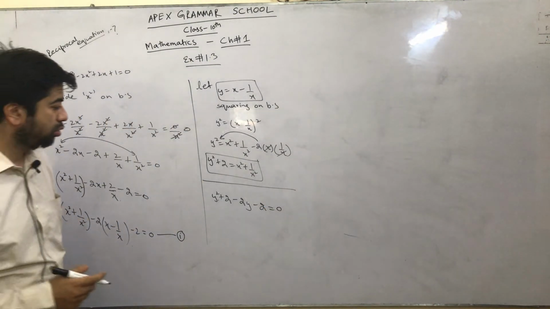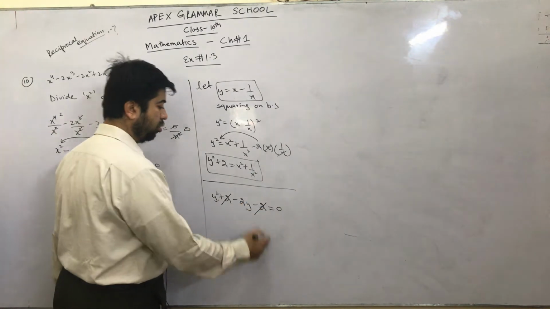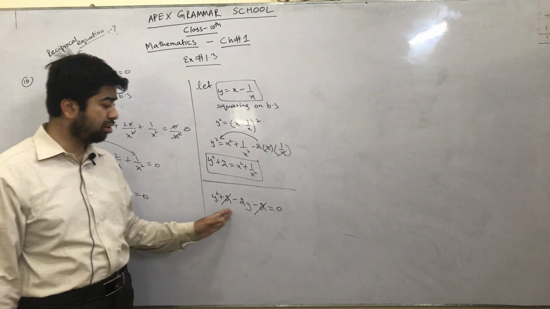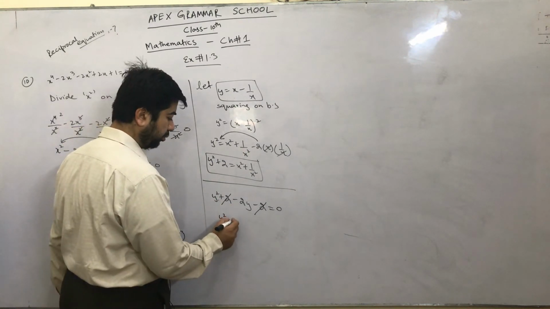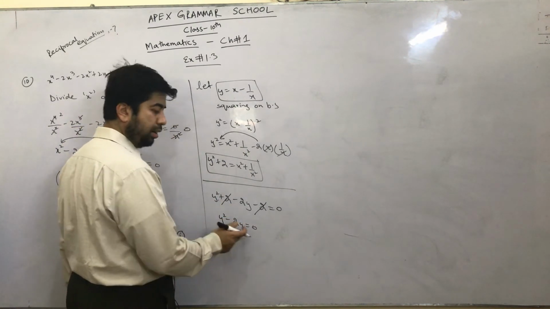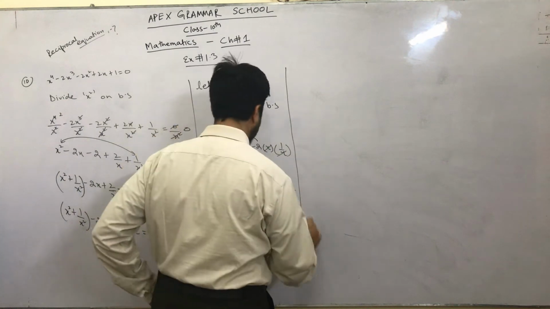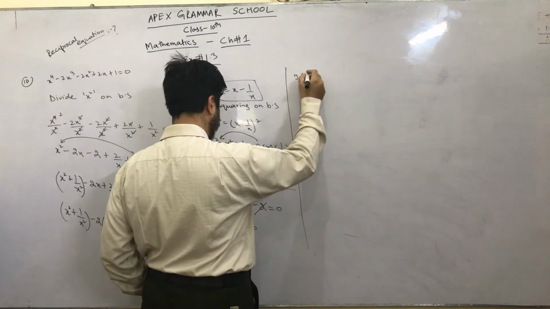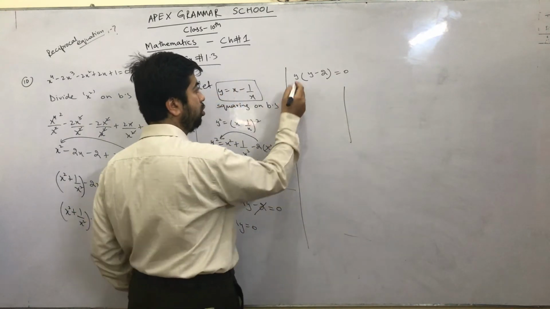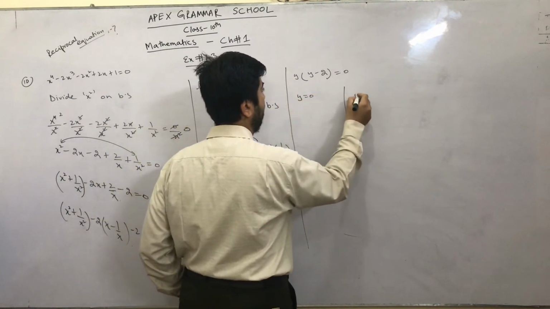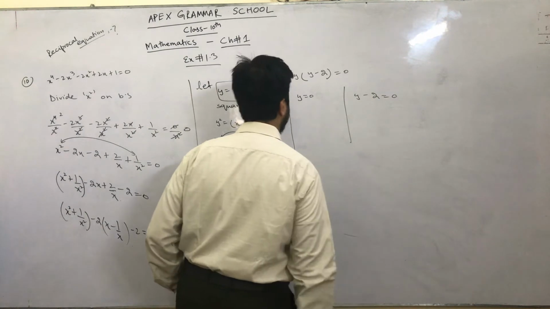So this positive 2 is going to cancel with this negative 2. Now summarize it. This is basically the quadratic equation: y square minus 2y. How can we solve it? Yes, we have to take y common, and y minus 2 is equal to 0. Now separate it. y is equal to 0 and y minus 2 is equal to 0 here.